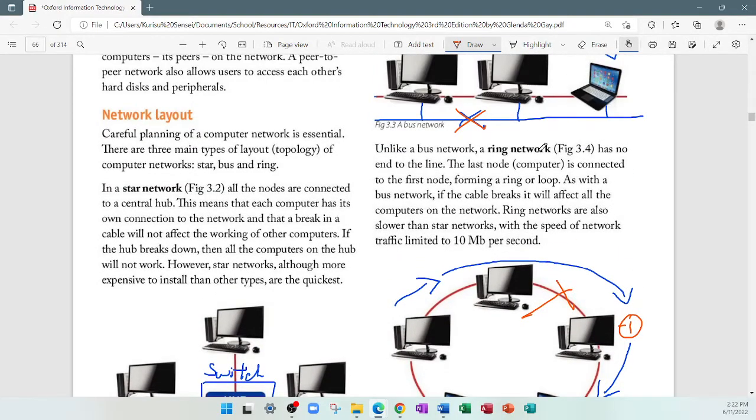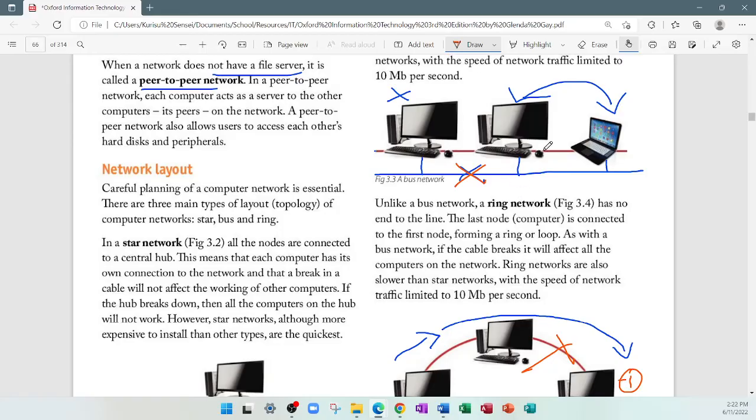But the bus and the ring were used in the past, and they allowed for a lower cost when creating the network. If you notice, it's a single cable, and then a small branch off to the other computers.